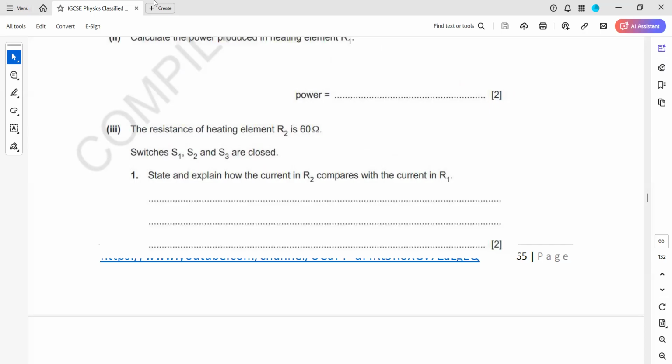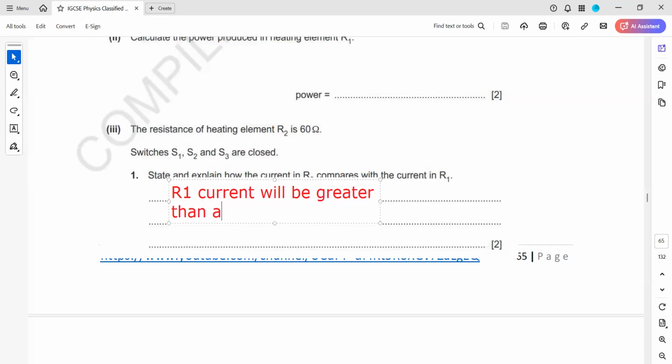So first thing we'll mention the current in R1, then R2. Can we use the word double?